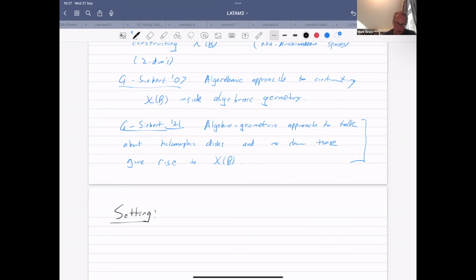Rather, mirrors to Calabi-Yaus should be associated to maximally unipotent boundary points, and I'll have to explain that. Or usually in the physics literature, the word is large complex structure limit points.